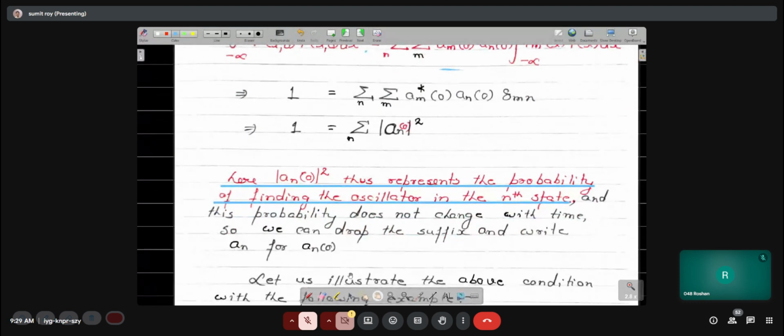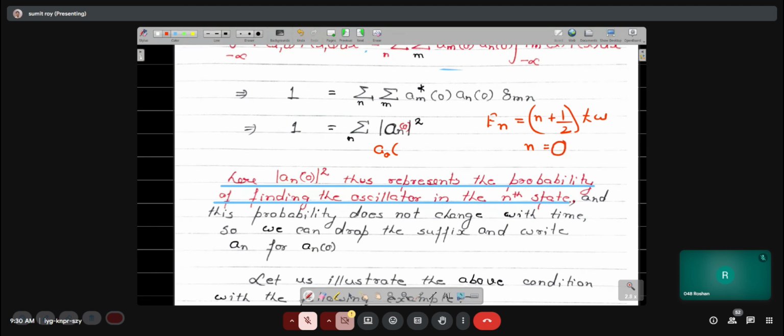So each term will represent probability. So the expansion is like a_1(0) or a_0, you write whatever you start in from 0. So this is a_n0. अच्छा ये याद है कि nought क्यों लिख रहे हैं? 1 से काहे नहीं शुरू कर रहे हैं? Because if you recall the energy value (n plus half) h cut omega, here n starts from 0.